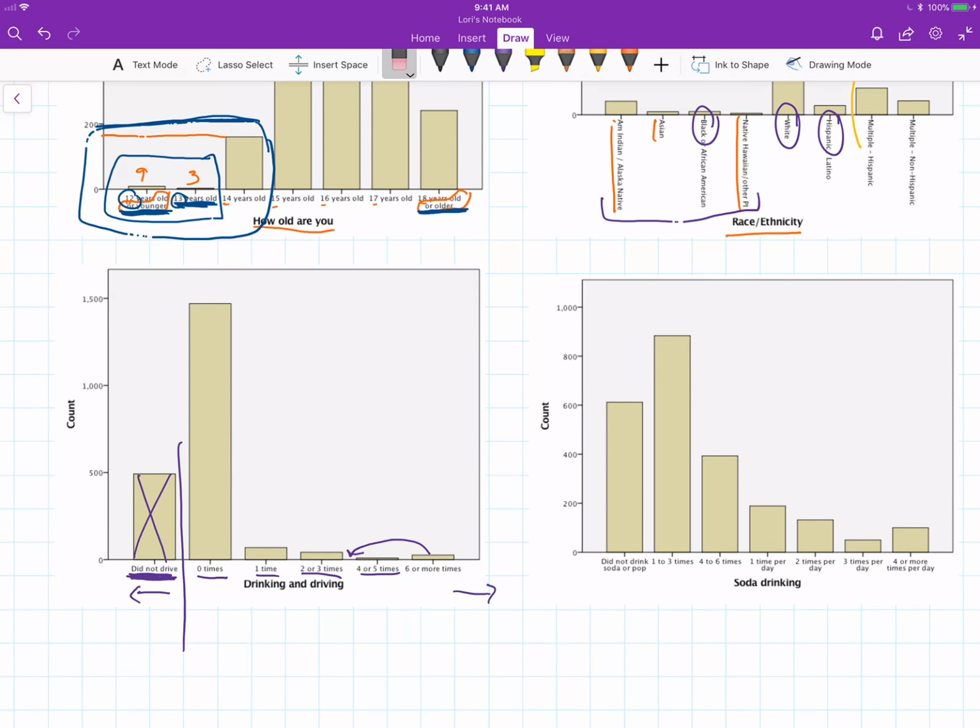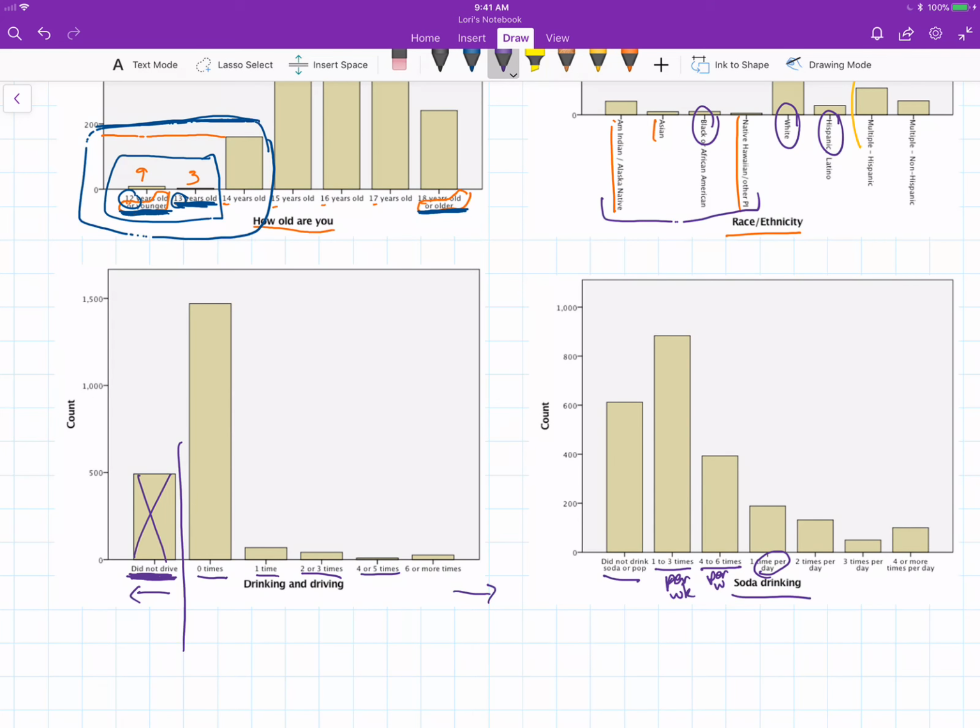The same thing happens over here with soda drinking, and a lot of you, I think, figured out that this 1 to 3 times is per week, and 4 to 6 times per week, and then this starts being per day. So that makes perfect sense. We have the zeros, then 1 to 3 times per week, 4 to 6 times per week.